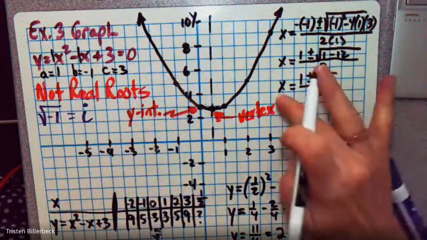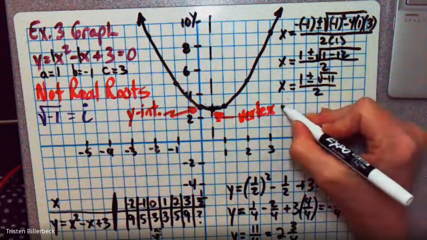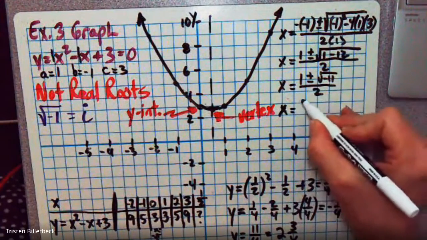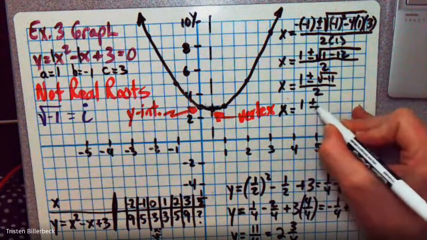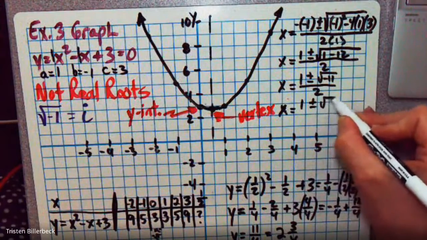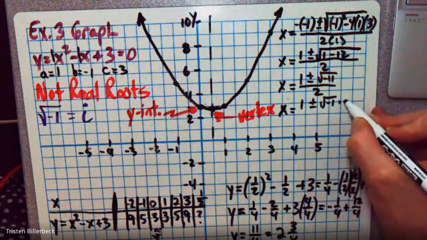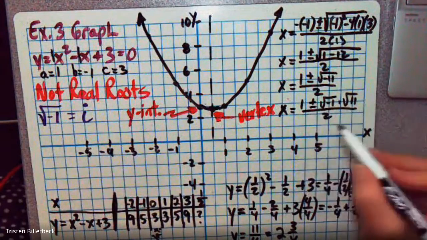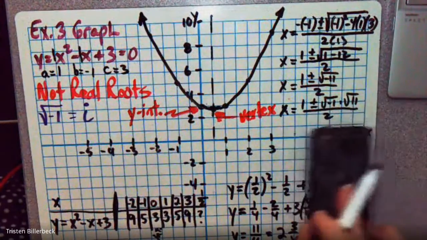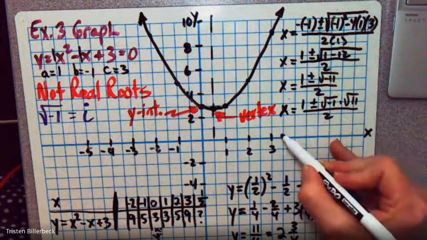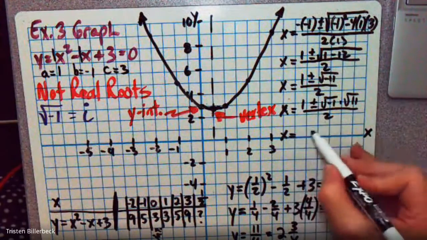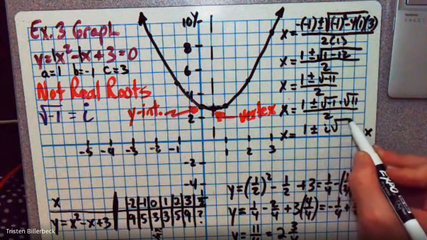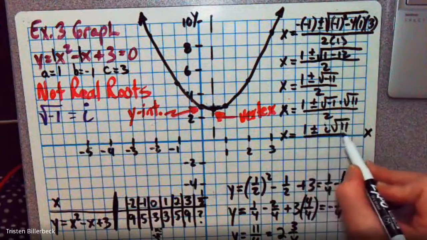So what we can do when we come back here is we can say x equals 1 plus or minus the square root of -1 times the square root of 11 over 2, which gives us x equals 1 plus or minus i square root of 11 over 2.